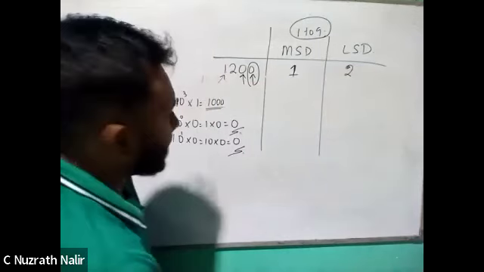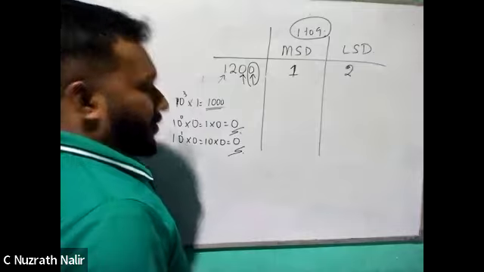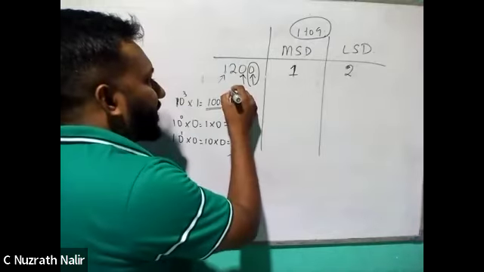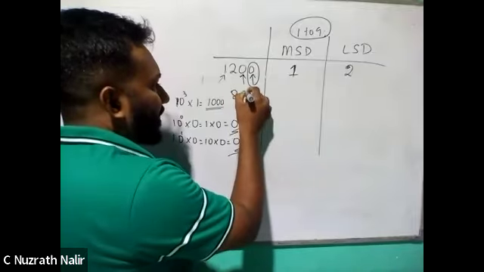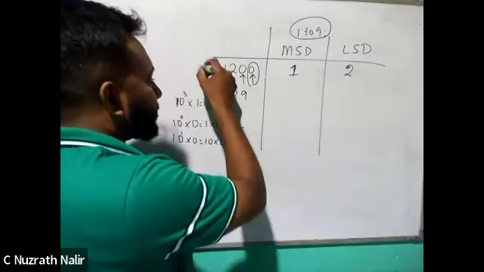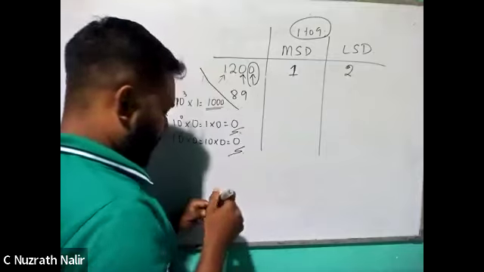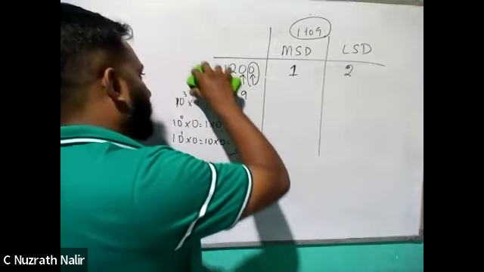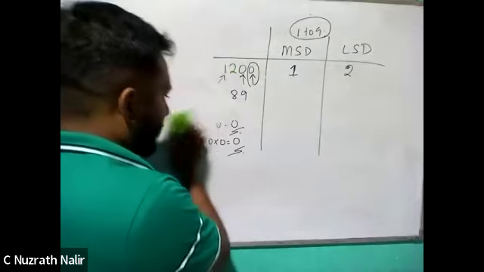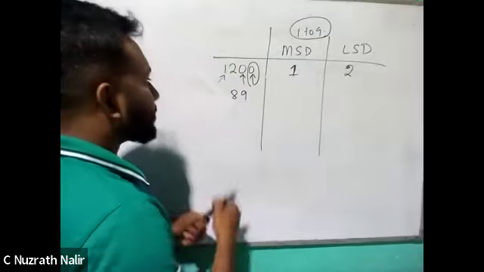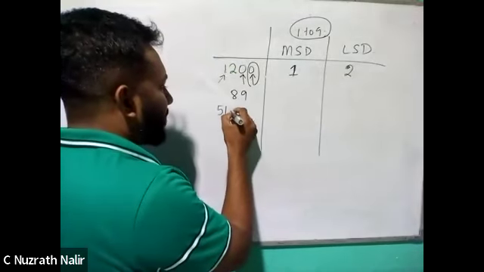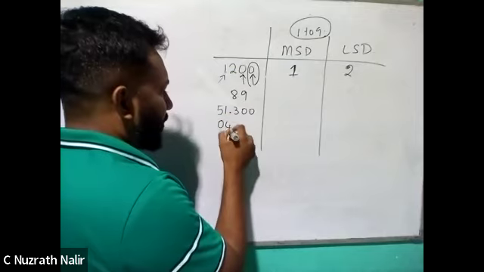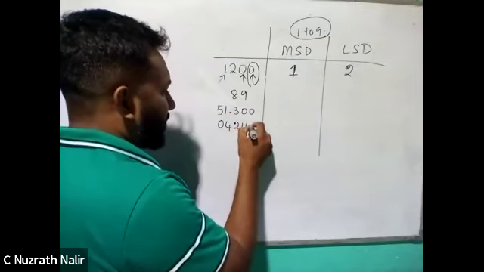Is this clear, my dear students? Okay. So then I'll give some more questions. So you can quickly write down and send the message. 89. Five one dot 300 042100.